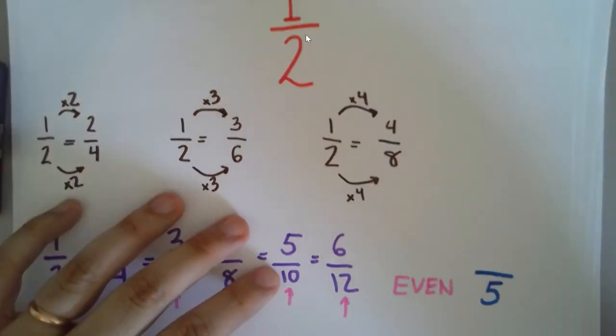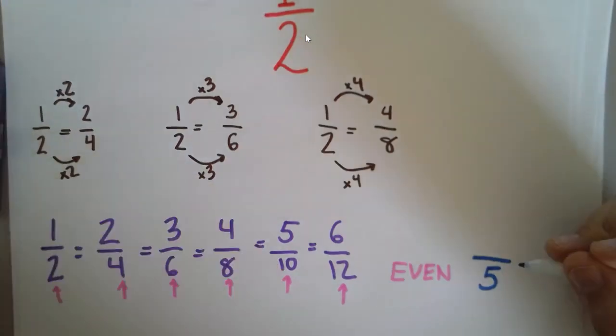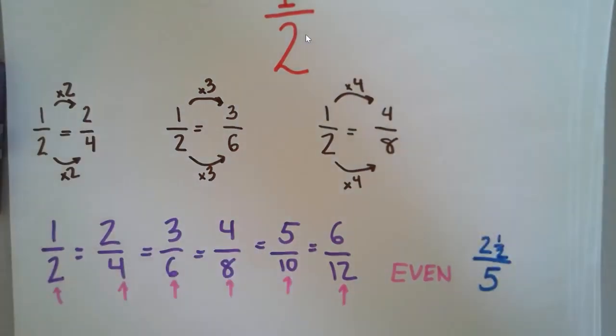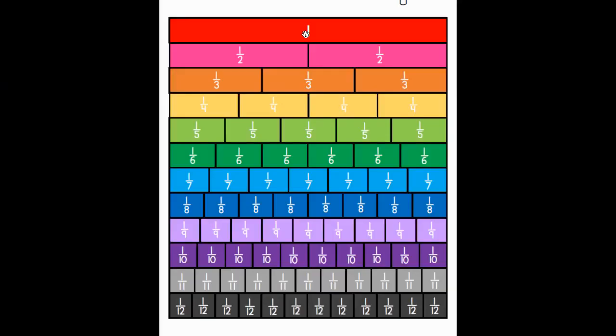And yet, when I do 5 right here, I take a look and what's 5 divided by 2? 5 cut right in half. That's almost like 2.5. And that's kind of a weird way for me to write a fraction. In fact, if I go back to my fraction grid right here, here's my fifths.